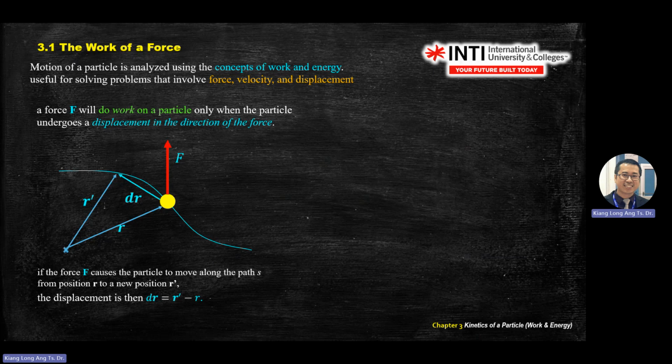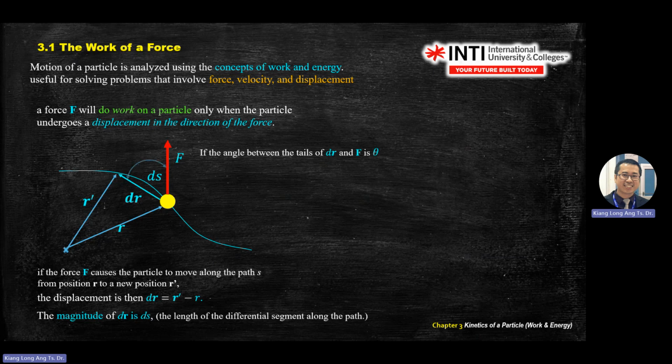Okay, so this is the starting point, this is the end point. So we start with R prime equal to R plus dr. Okay, so we assume that we have a small change of theta. Theta is the angle between the dr vector and the force F. We form a theta. So the work, we use capital U to represent work.